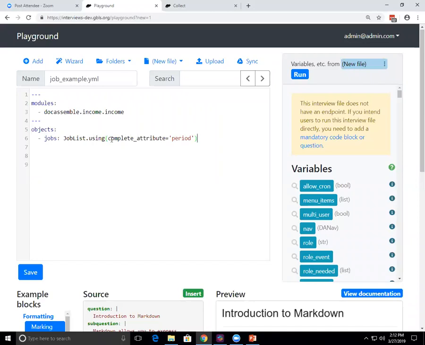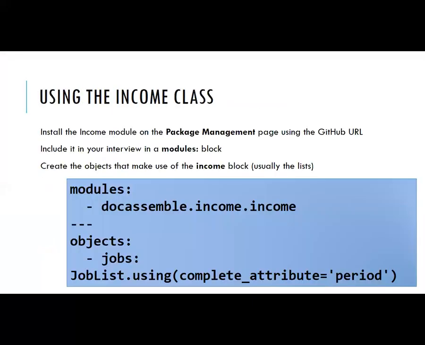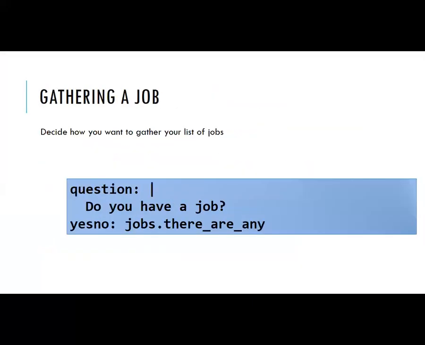That's all that's doing here. Okay, so that's how we do the setup, basically. That's all it is, those two real lines. And now we need to know, are there any jobs on our list?